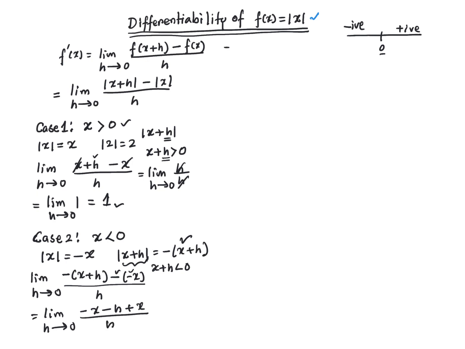That gives the limit as h approaches 0 of negative h over h, which is negative 1. So when x is less than 0, f prime of x is negative 1, and for x greater than 0, f prime of x is positive 1.